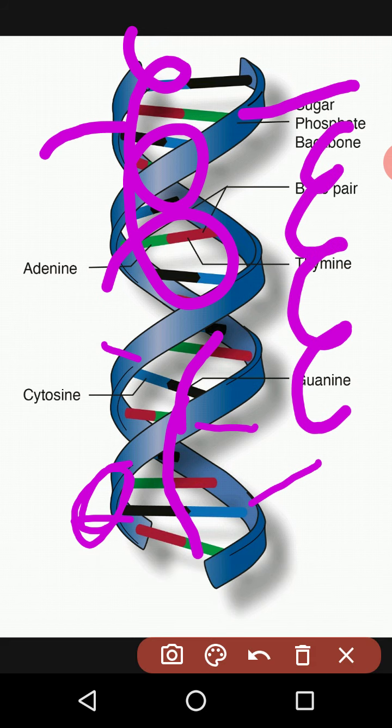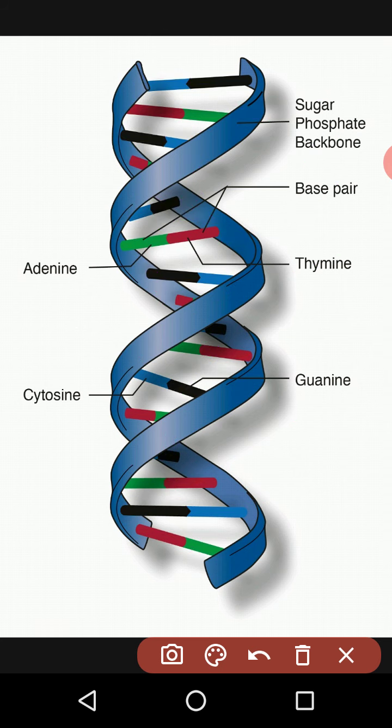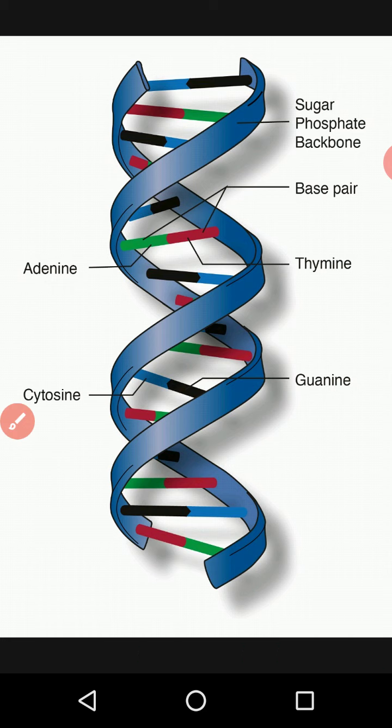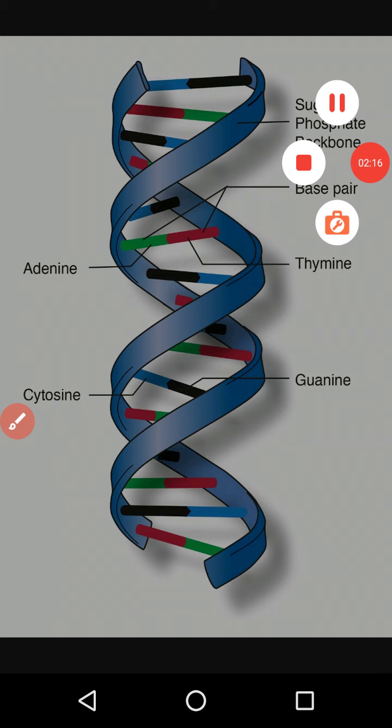Clear? So now we are going to study the chemical structure of DNA. Here everybody can see the chemical structure of DNA. The polynucleotide chain is made up of three major components.